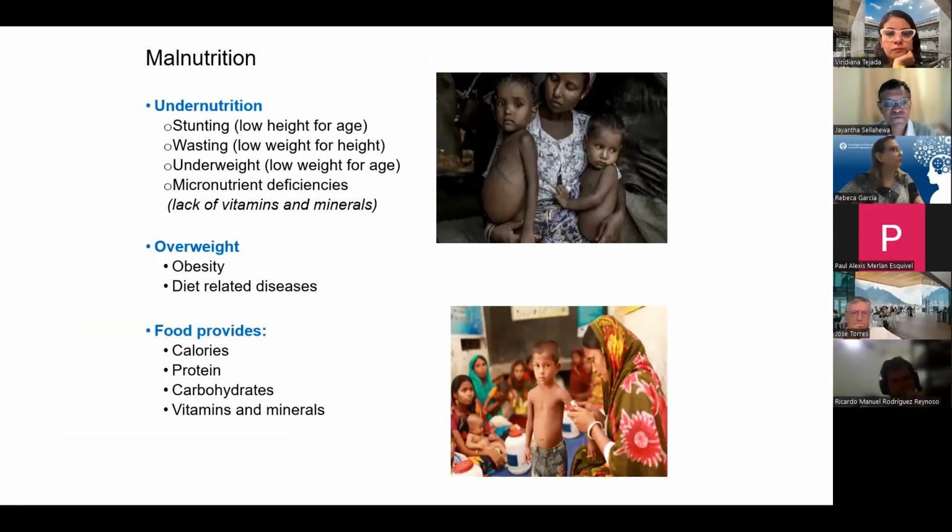Very briefly about malnutrition. When people are food insecure, that can lead to undernutrition or obesity. Even in developing countries, you can have obesity because people can eat too much of the wrong food, and that can cause long-term problems too.